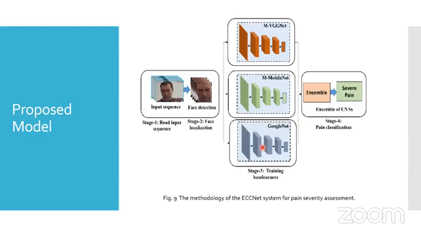Whenever we talk about ensemble learning, it is basically required when you are not sure which network is going to be useful for your application.